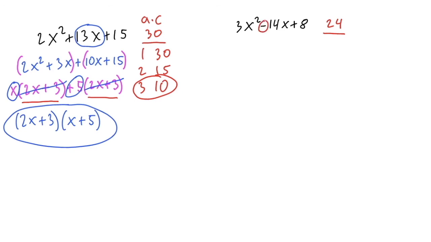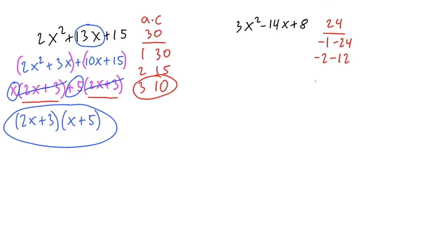So that means all of our factors are going to be negative, because this was positive, so they're going to be the same. So we're going to have -1 and -24, -2 and -12. I just always like going up from 1 and just keep going until I find one that works.